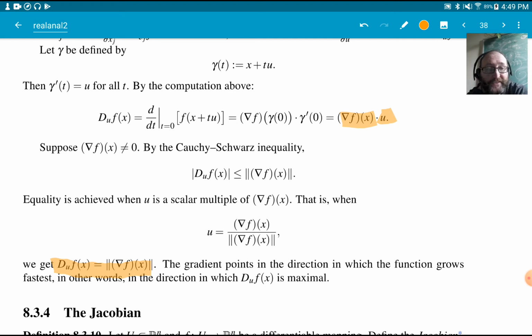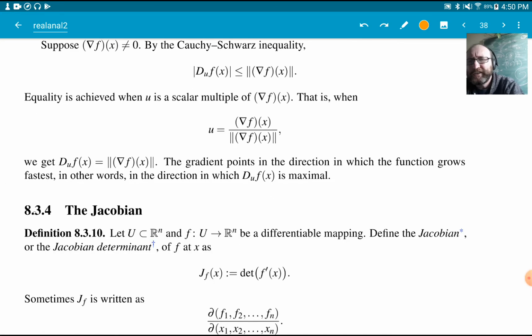So that's the interpretation of the gradient: it is the direction in which the function grows the fastest, and its norm is that maximum rate of change. It's geometrically telling you how the function changes.